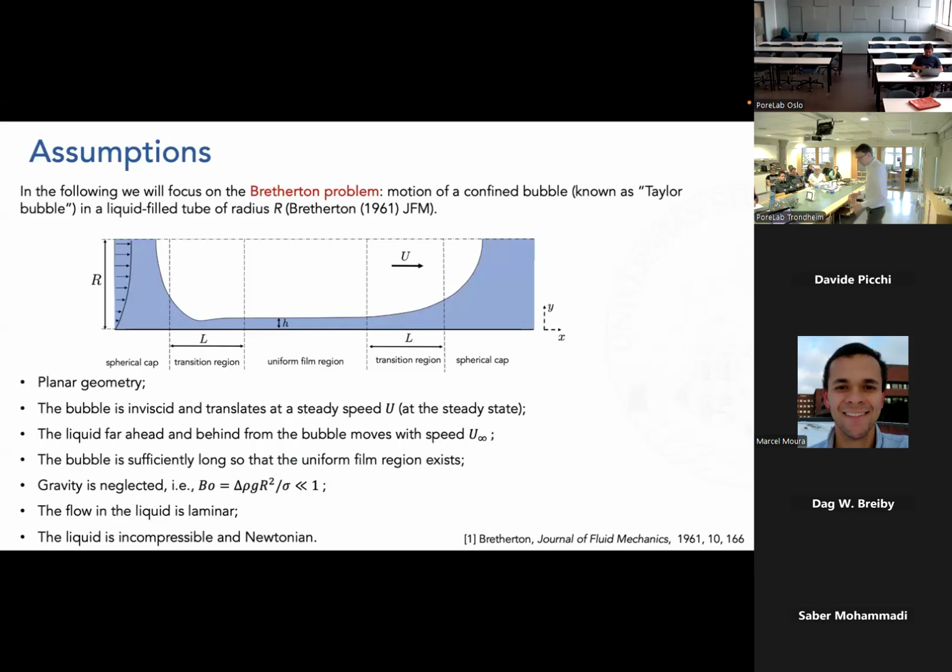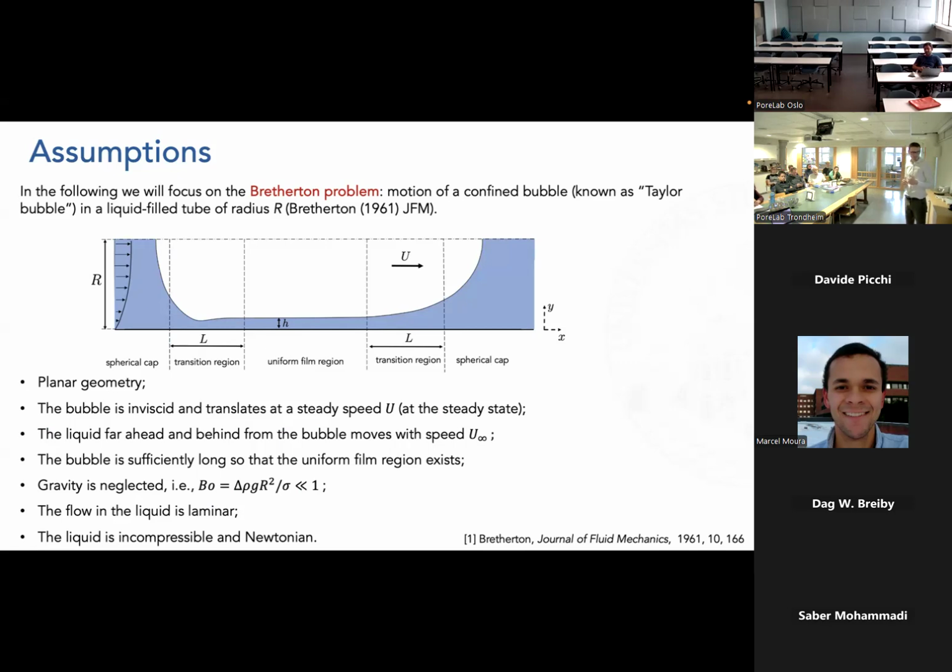To start, developing models to describe elongated bubbles is not easy, and we can do it only in specific cases and specific regimes. One of the famous models is the model developed by Bretherton in '61.